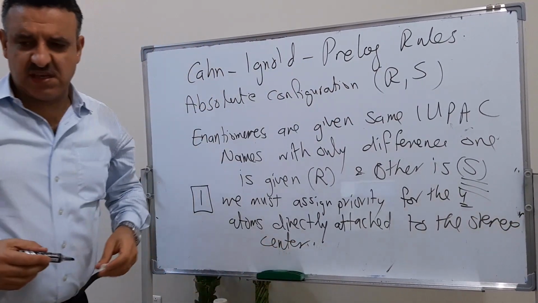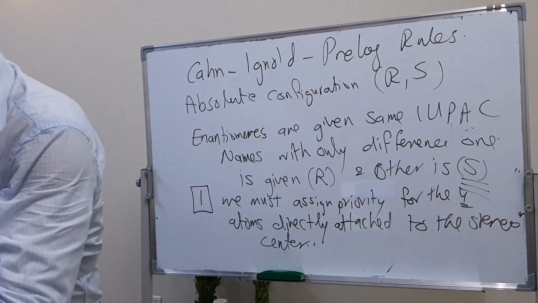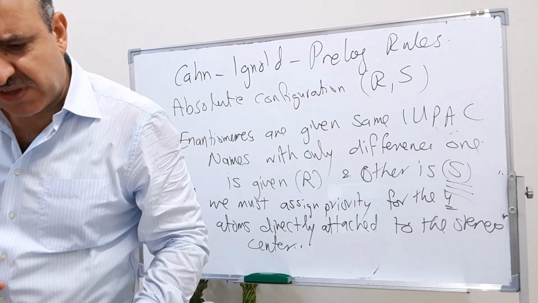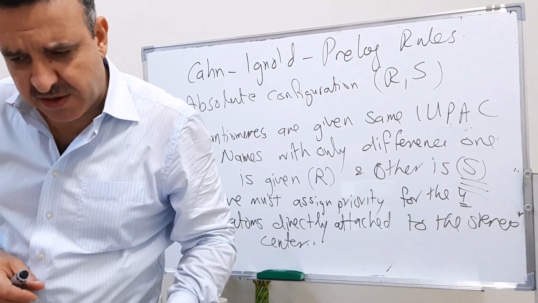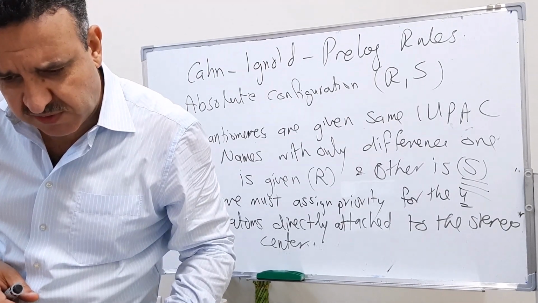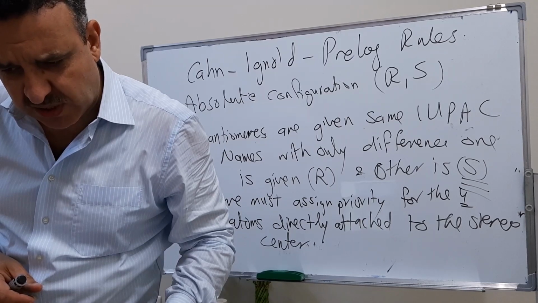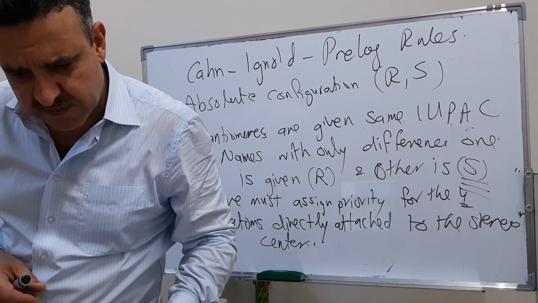So this is an extremely important rule here. The first rule, we must assign priority. And the priority, we must give it a name, by giving either 1, 2, 3, 4 or A, B, C. Let's say we give it 1, 2, 3. I just want to make it the same as in that book.